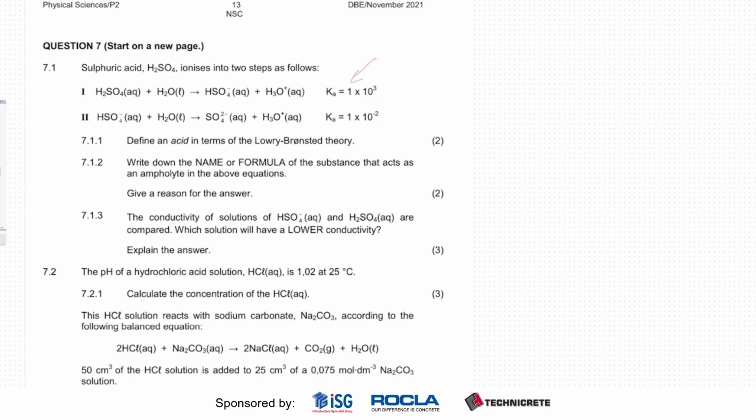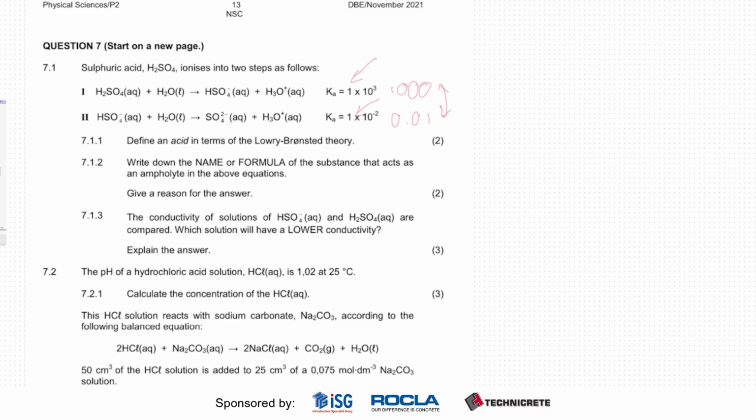So the first proton, it's very easy for it to release, but the second Ka value is kind of low. If you write this in normal numbers and not in scientific form, this is like 0.001, I think, and this is like 1000, I believe. There's a difference of 5 orders of magnitude.